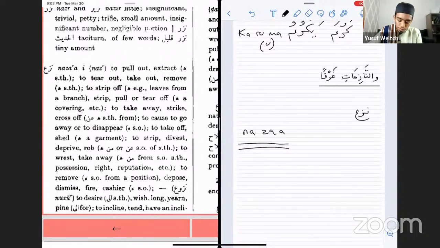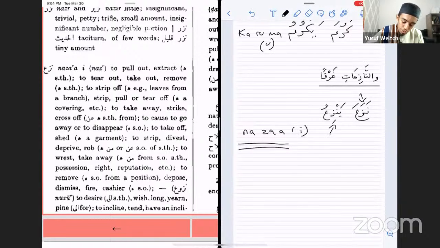Three fathas. Na, za, a. So that's my past tense. Then it has an I to show me how to read the present tense. How do I read the present tense? Yanzi'u. The middle letter is the one that's changing, or the one that's signified. Good. So naza'a yanzi'u.